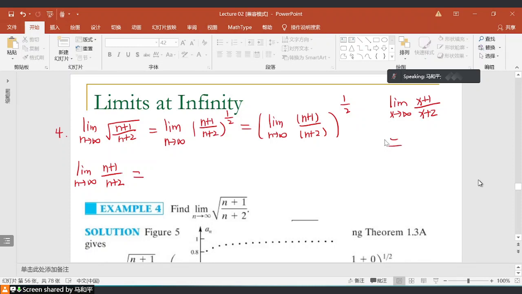This is just the same as example 3 and example 2. Both divide the numerator and the denominator by the highest power of x, right? So the highest power of x is x, right? So divide by x.